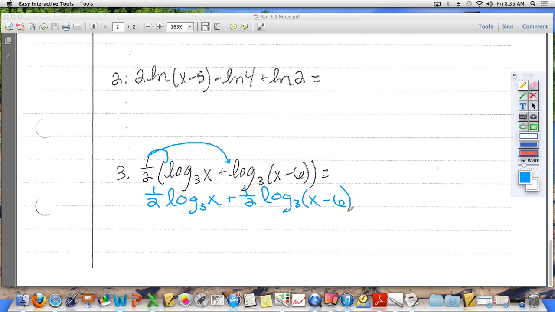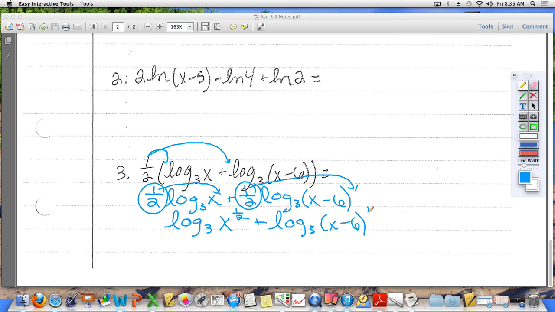All right, so this 1/2 out front can be put to the powers. So I'm going to rewrite this as log base 3 of x to the 1/2 power plus log base 3 of x minus 6 to the 1/2 power. These two things, because of the plus sign in between them, what does it mean about x to the 1/2 power and x minus 6 to the 1/2 power?